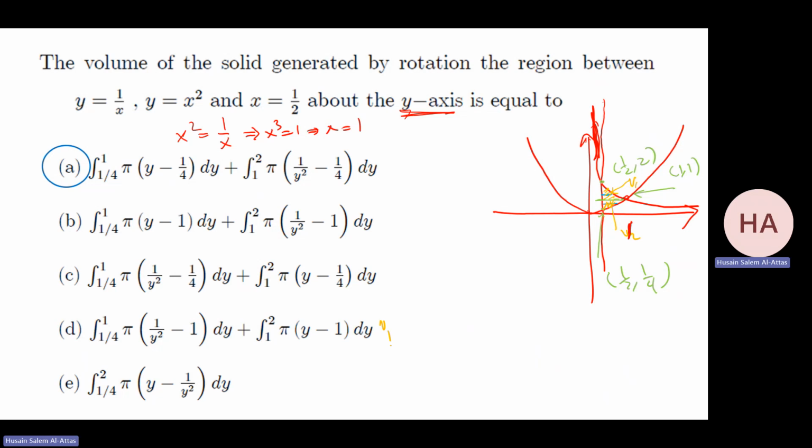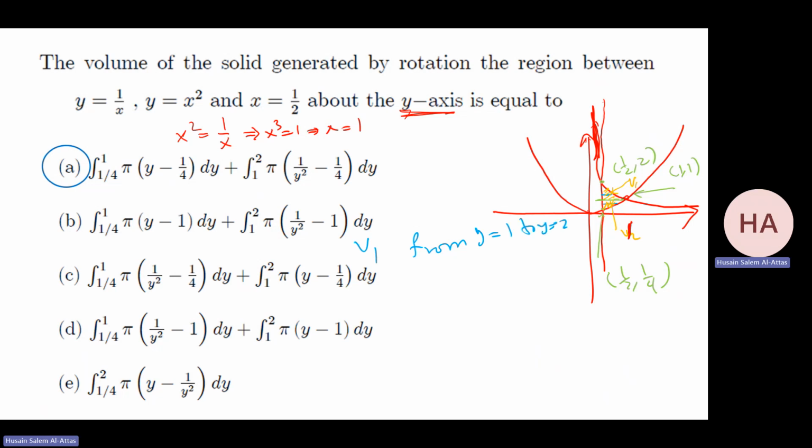So V1 from where to where? From y equals 1 to 2. Let me go back to the blue one. V1, the upper one, is from y equals 1 to y equals 2.